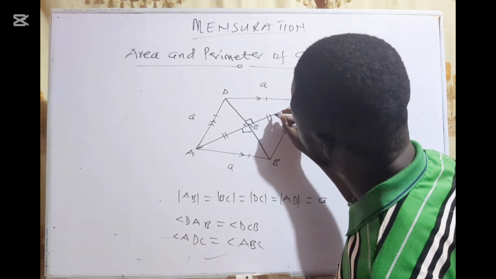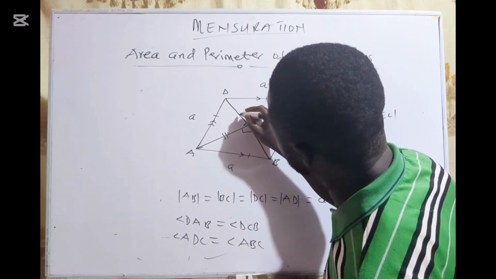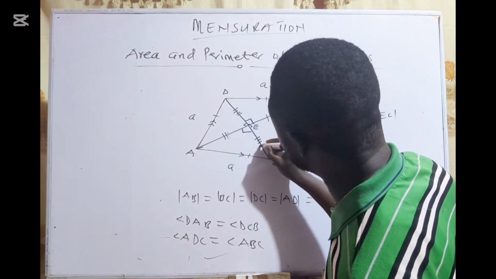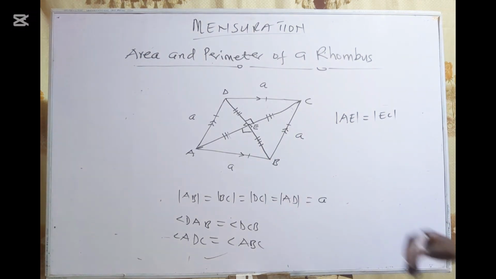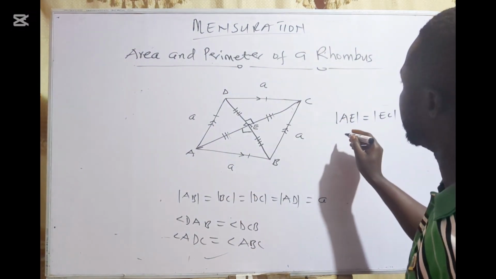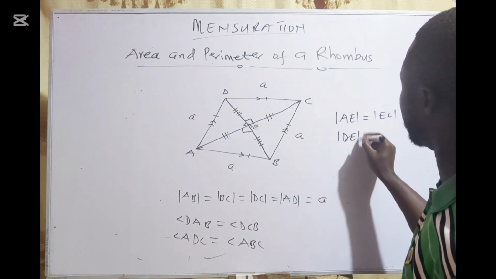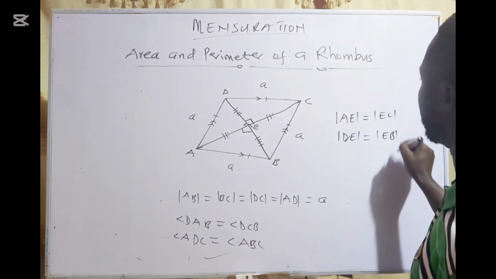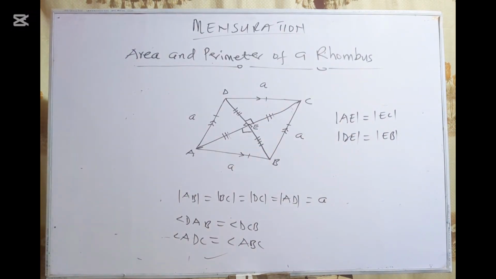And this length here is equal to this length here: the length DE is also equal to EB.